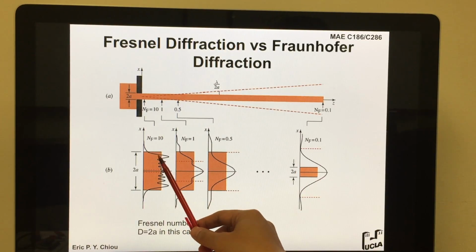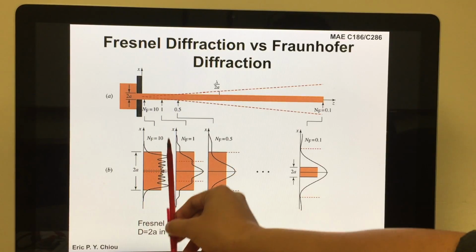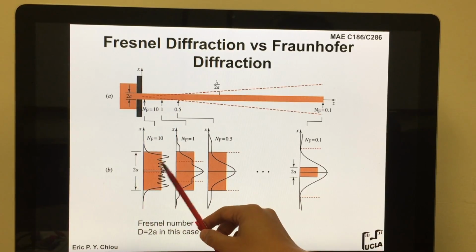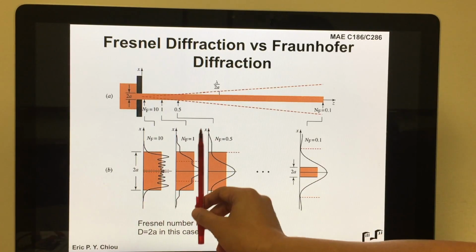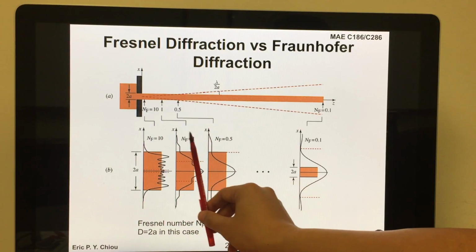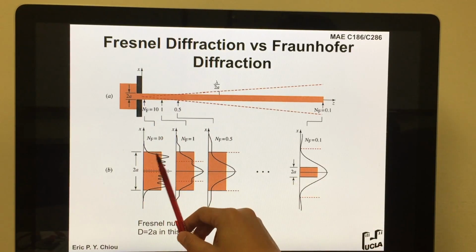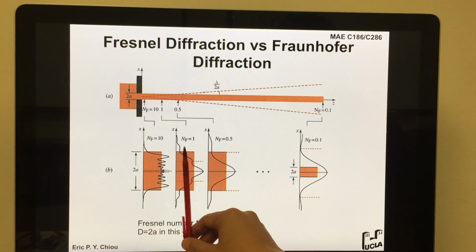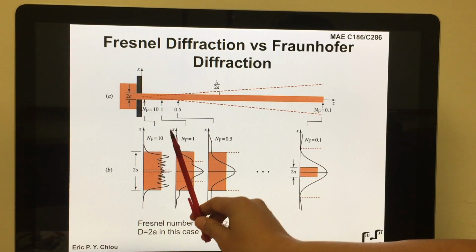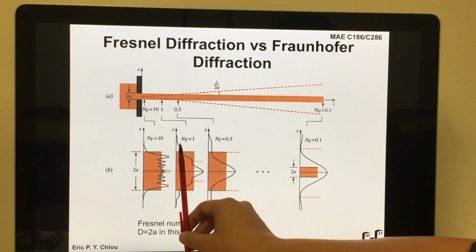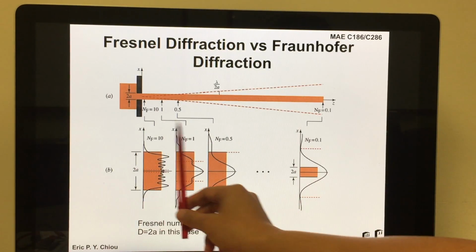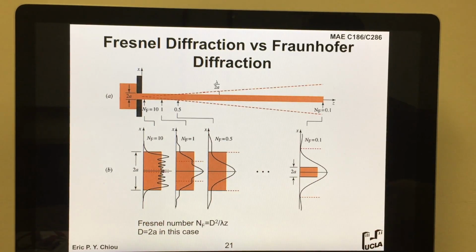But at locations pretty close to the aperture, the plane waves propagating in different directions still have a significant overlap in this near field region. When they propagate, the different plane waves introduce different phase delays in different directions. So when they superpose together, your pattern will keep changing, because you still have plane waves in different directions with significant overlap.